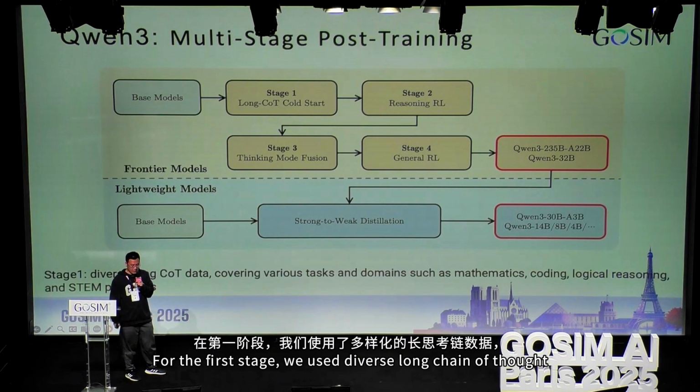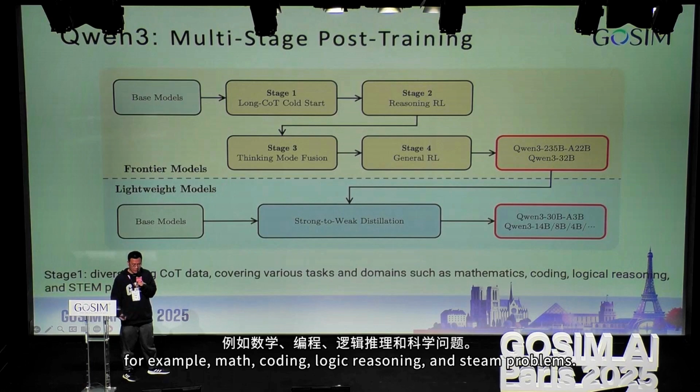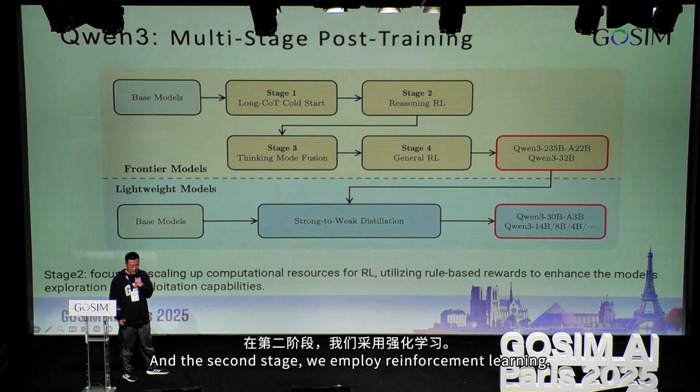For the first stage, we used diverse long chain of thought data, which covers various tasks and domains, for example, math, coding, logic, reasoning, and STEM problems. This is the cold start. And in the second stage, we employ reinforcement learning.